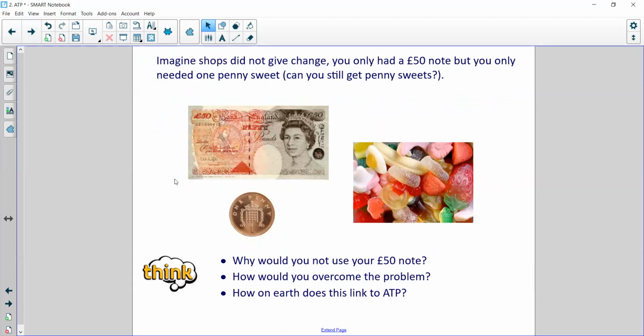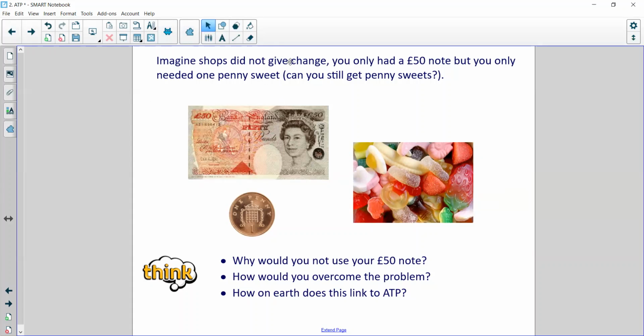Okay, well, a way to try and answer that question is to think about this example. Imagine that shops did not give change and you only had a £50 note, but you only needed a 1p sweet, if you can still get 1p sweets. So why would you not use the £50 note?